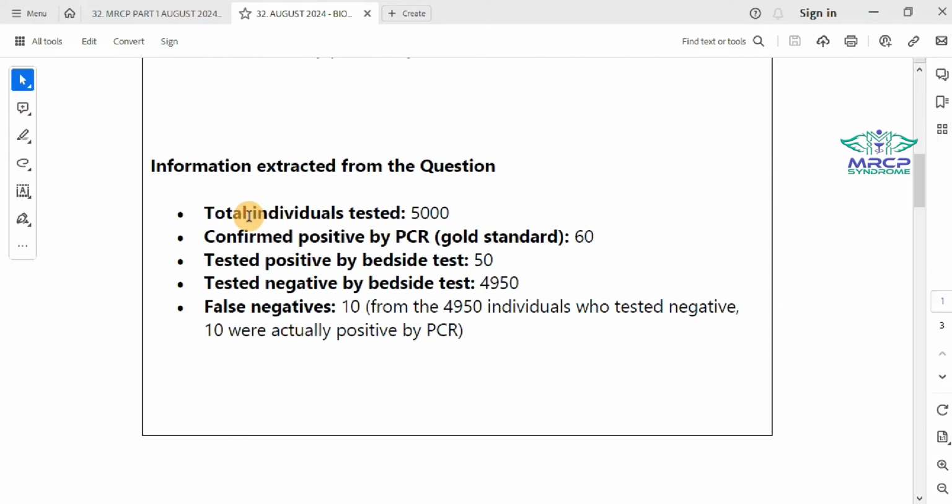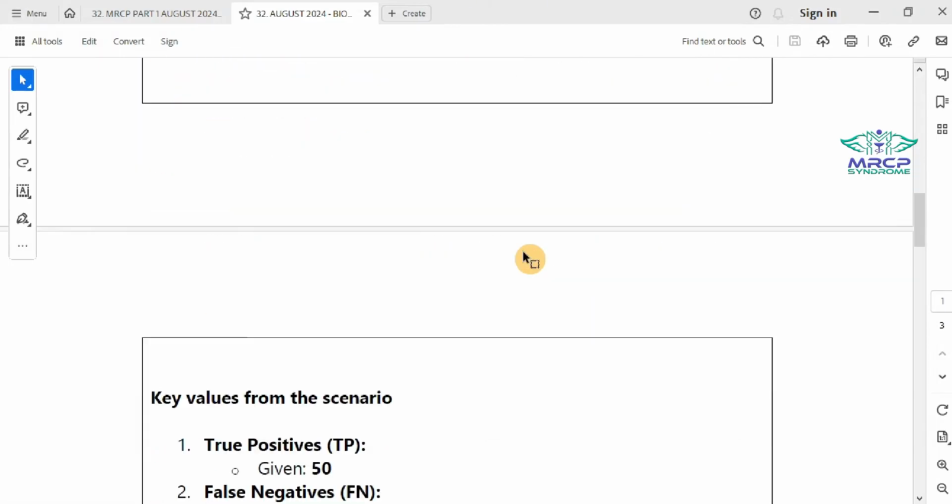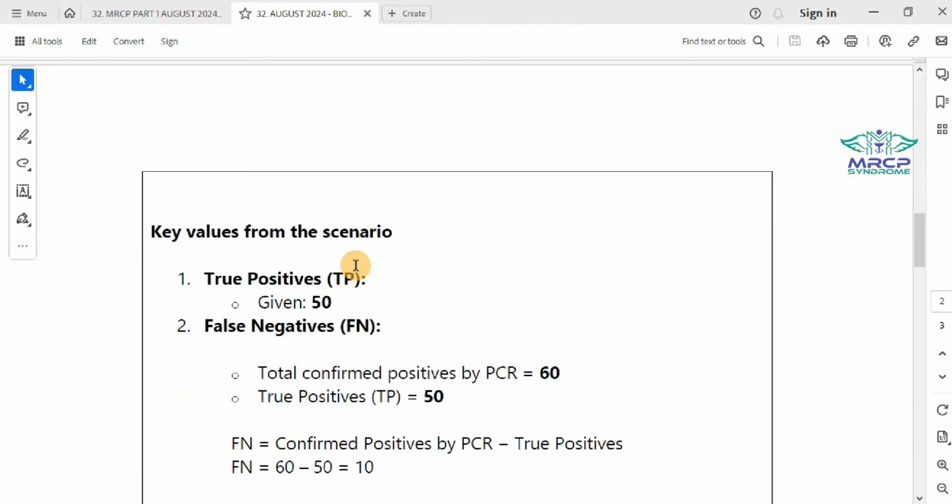The total individuals tested was 5,000. Confirmed positive by PCR, the gold standard, was 60. Tested positive by bedside test was 50. Tested negative by bedside test was 4950. So the true positive was 50.